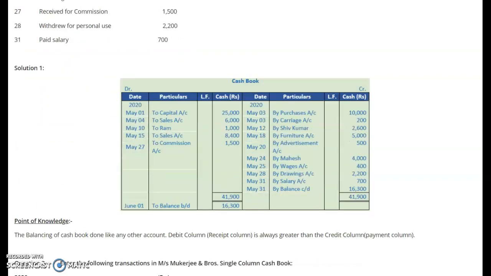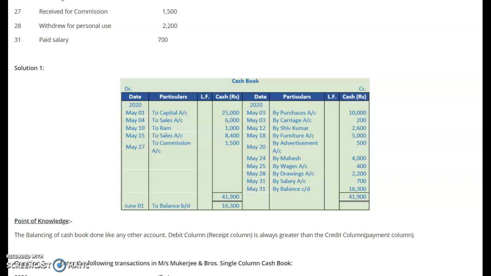So first we will understand how the simple or single column cash book is prepared, where only and exclusively cash receipts and cash payments are shown. See here, this is the format of a simple cash book. Here the first column is of the date, then the particulars, then LF, which means ledger folio, the page number of the ledger.